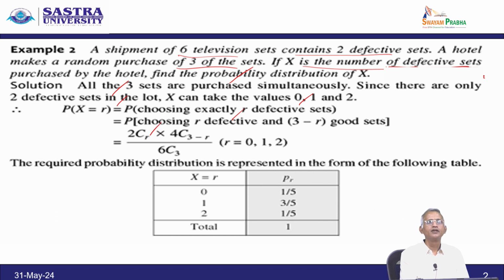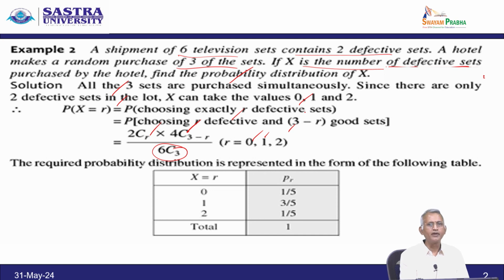Out of 6, 2 are defective and the rest 4 are not defective, therefore 4C(3 minus r), divided by the total number of outcomes. We are going to choose a random purchase of 3, therefore 6C3 is the total number of outcomes. So, this is the answer for the probability of choosing exactly r defective. Now, r may be 0, 1, 2.